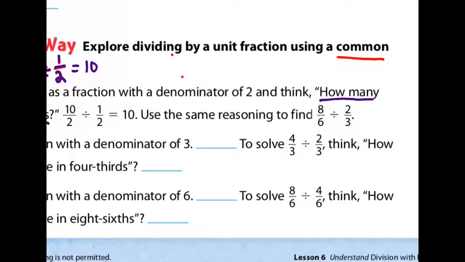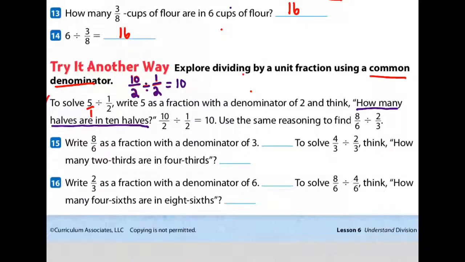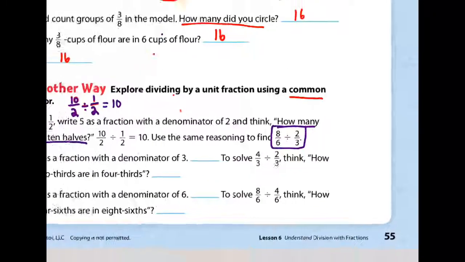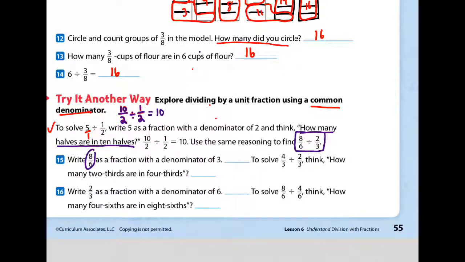In the first one, it says, write 8/6 as a fraction with a denominator of 3. So what we're doing is taking this problem here, and you are reducing 8/6 so that it's thirds. Take a second. We'll do that.